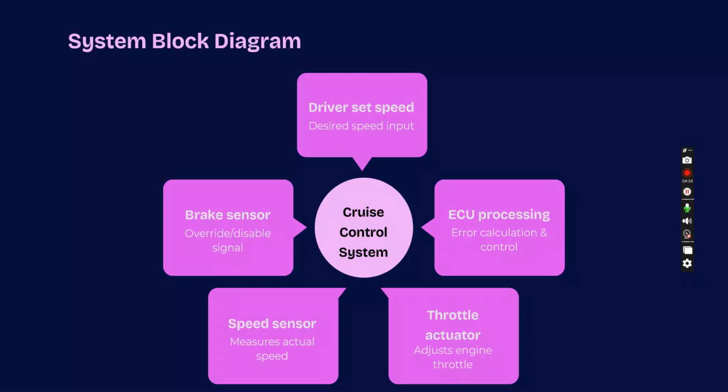But in case of the brake, if we are going on a highway or any road and we apply the brake, then it will disable the cruise control signal because it is necessary. For example, if some vehicle comes in front of us and we apply the brake, and whenever we remove our foot from the pedal, it is not good if it accelerates and achieves the desired speed. We have to disable that signal.